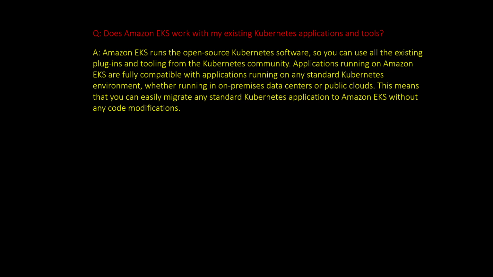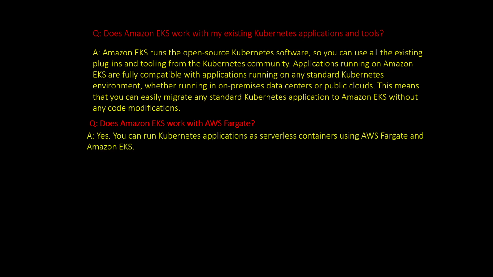This means that you can easily migrate any standard Kubernetes application to Amazon EKS without any code modifications. Does Amazon EKS work with AWS Fargate? Yes, you can run Kubernetes applications as serverless containers using AWS Fargate and Amazon EKS.